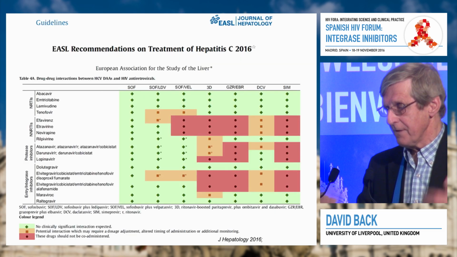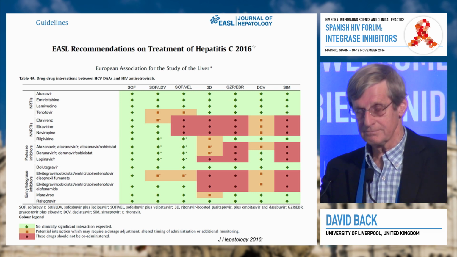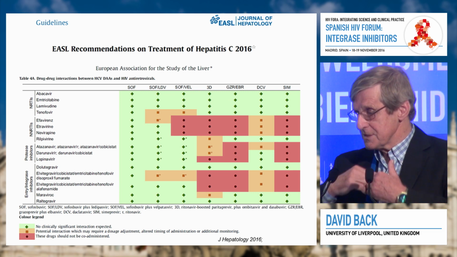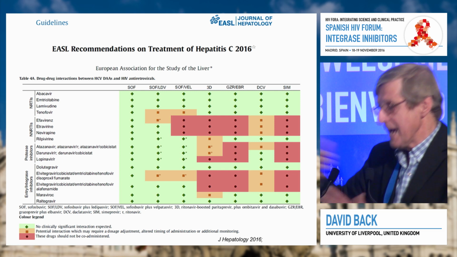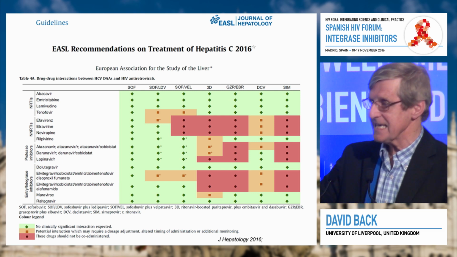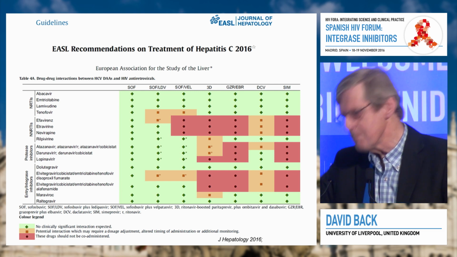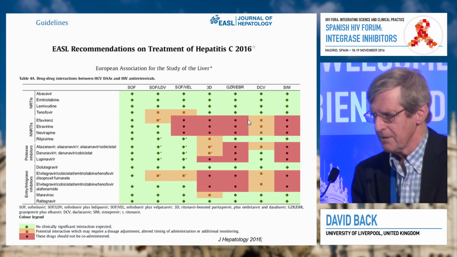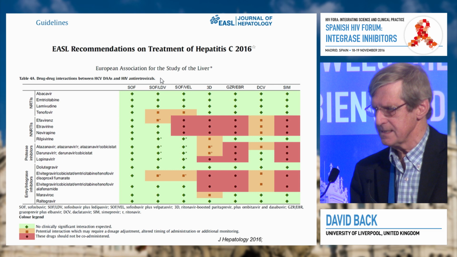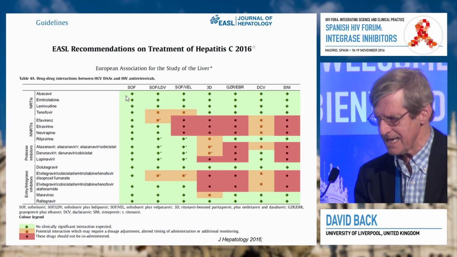Okay? Finally, co-infection. We know that there's a pipeline of hepatitis C drugs, and AASLD finished just 2 days ago in Boston, and there was a number of new drugs coming through. They will be reflected in the guidelines. These are the EASL guidelines from September.